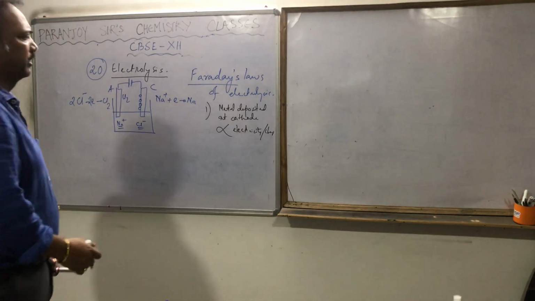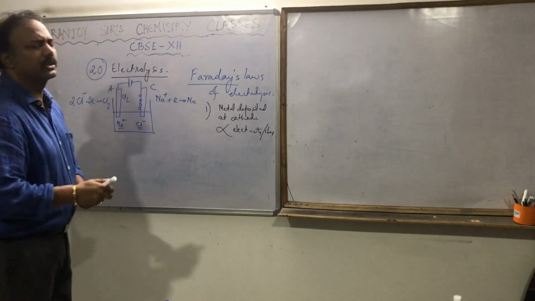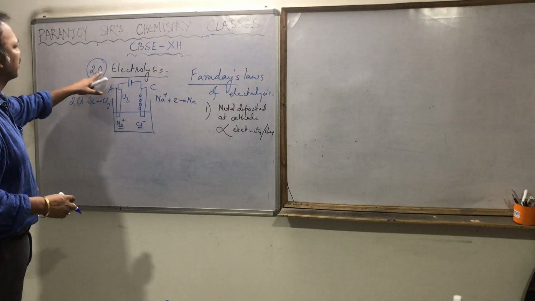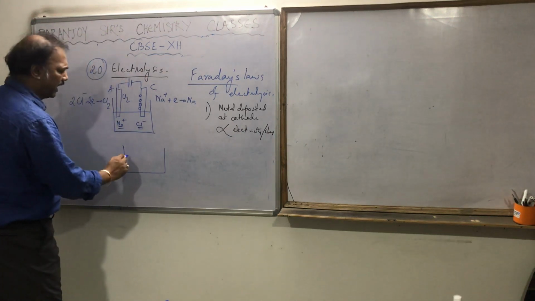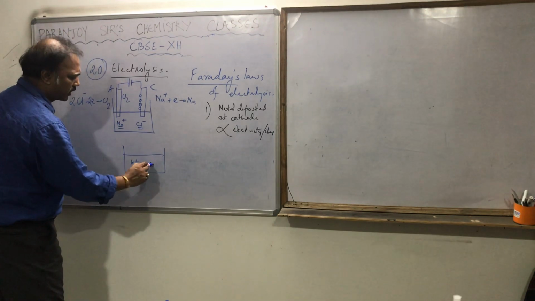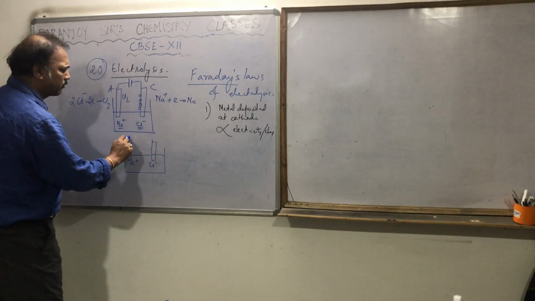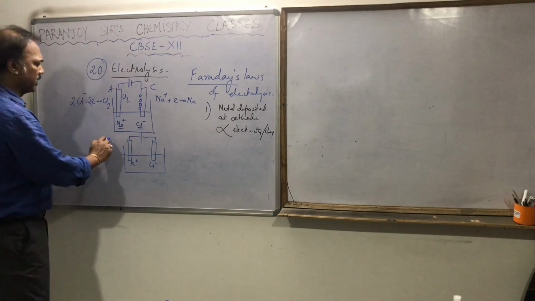That's the first one. Now, as I told, he did the experiment with a lot of electrolytes. Now suppose 20 coulomb of charge is passed in sodium chloride. In another electrolytic cell, suppose he had taken potassium chloride, so potassium and chlorine. The same amount of electricity, suppose 20, is passed to it.